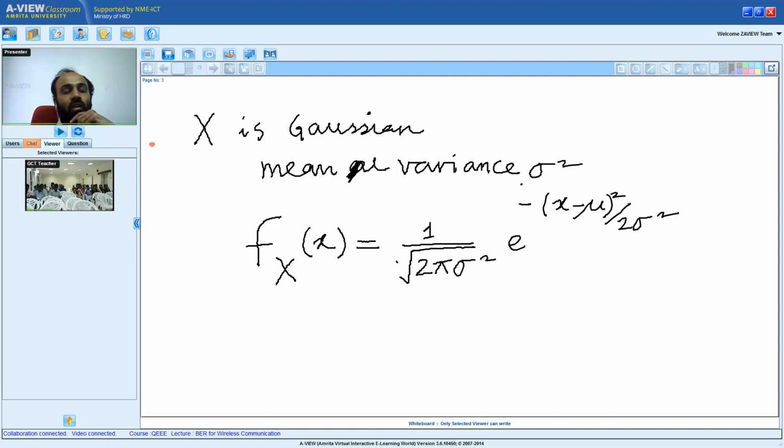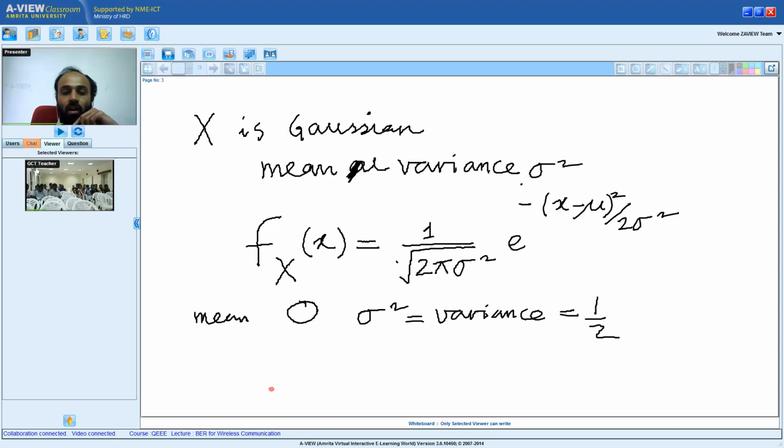Now, if I set x as a Gaussian random variable, that is the real part, with mean 0 and variance sigma square equal to half, can someone tell me what the distribution is?